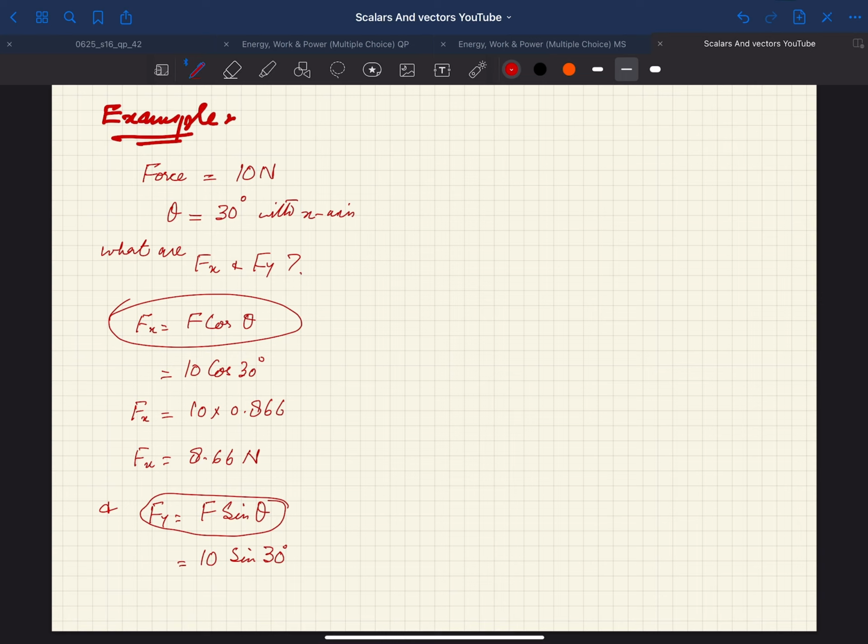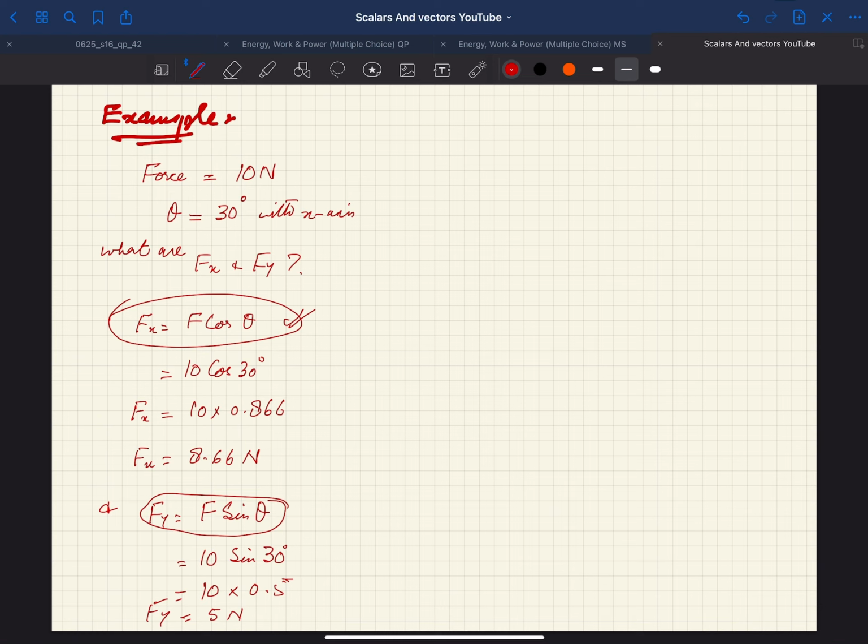Of course the values are also same, but you know that in one case you have cos theta, in another case you have sine theta. So the value of sine 30 is 0.5. So simply you can say that the value of fy is nothing but 5 Newton. When you will multiply 10 by 0.5, you will get the value of 5.